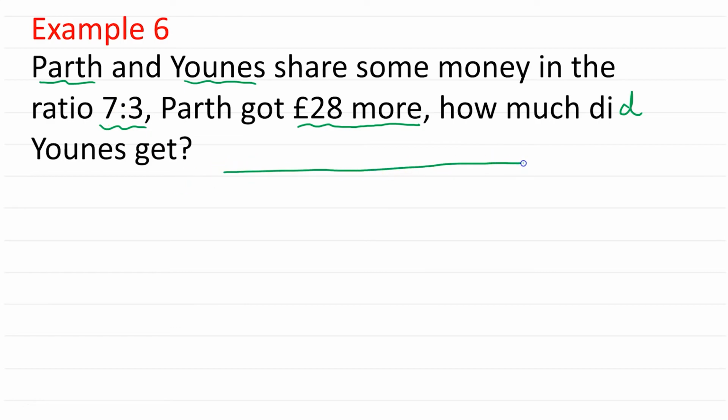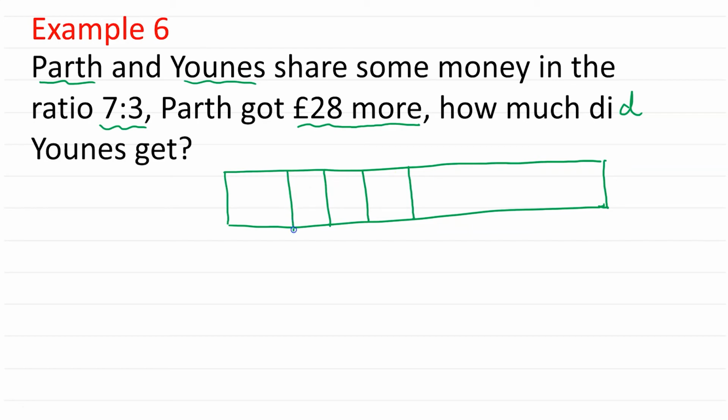I'm going to do it up here. Okay, so we need 10 parts because there's 7:3, so 7 plus 3 is 10. Am I good at dividing things? Let's just try. 1, 2, 3, 4, 5. And again, 1, 2, 3, 4, 5.